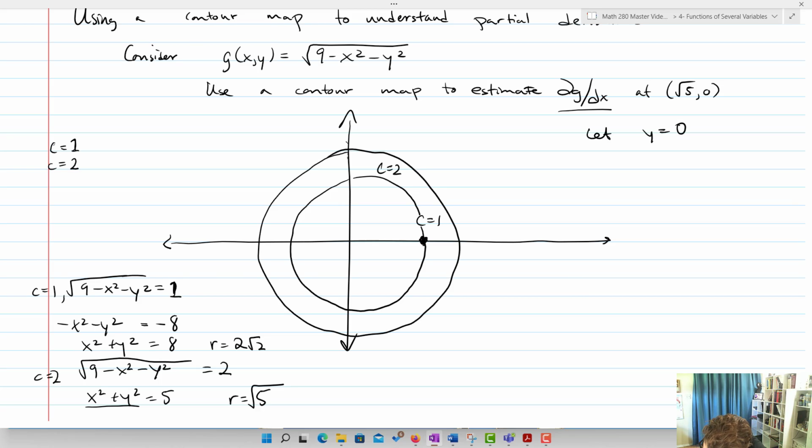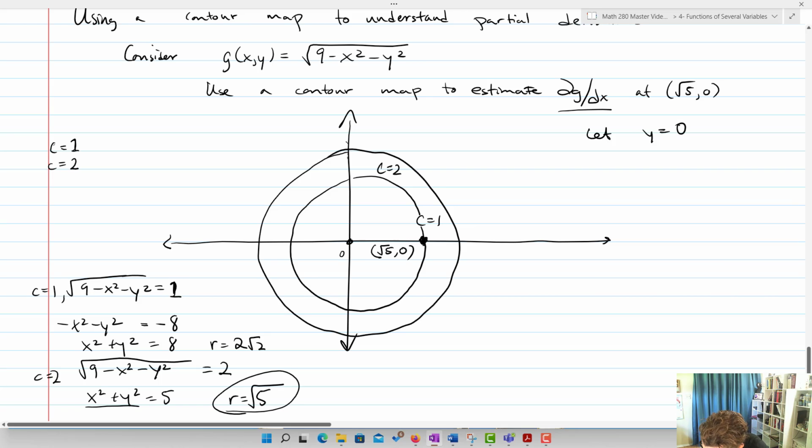So if y equals 0, we've got this point right here, the square root of 5, 0, on the contour c equals 2. The radius is root 5, so you go out root 5 from 0. The second point, on the circle c equals 1, is going to be the point 2 root 2, comma 0.